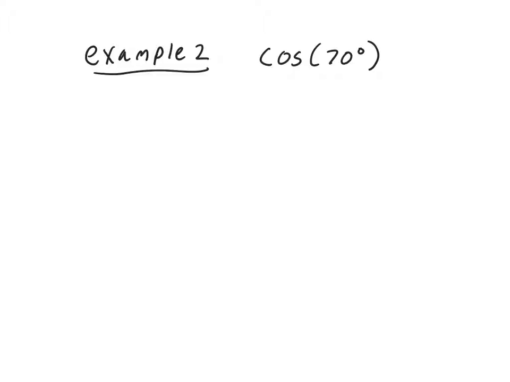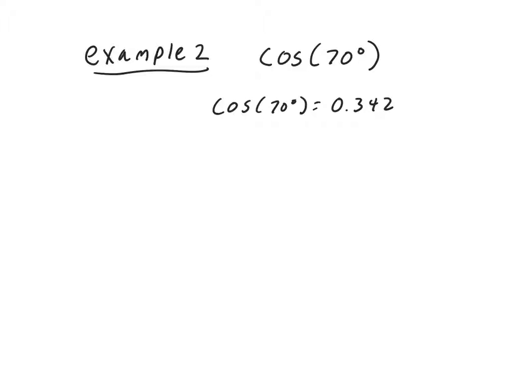Okay, let's do another example. For this one, we're going to do a cosine of 70 degrees. So cosine of 70, I'm going to type that into the calculator, and I will get 0.342. So cosine of 70 degrees is equal to 0.342. And I need to get the next two numbers so I can round to the nearest 10,000ths.